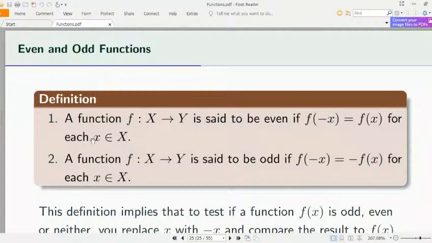By definition, a function assigning elements of x to those of y would be said to be even if f of negative x is the same as f of x for each x in X. Another function f that assigns elements of x to those of y would be said to be odd if f of negative x is the same as negative multiplied by f of x for each x.